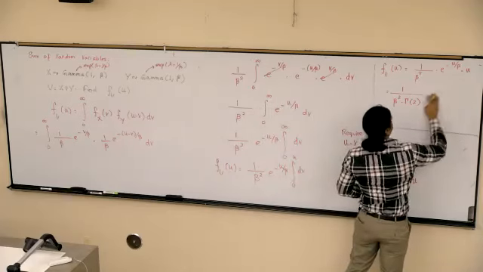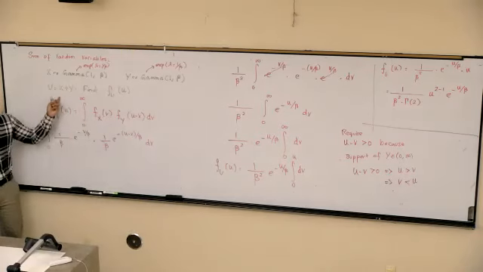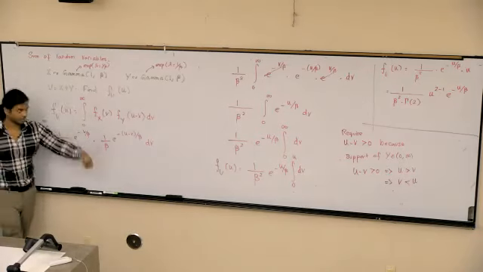All I did is rewrite 1. And I know, since X is from 0 to infinity, Y 0 to infinity, the support of U is 0 to infinity.